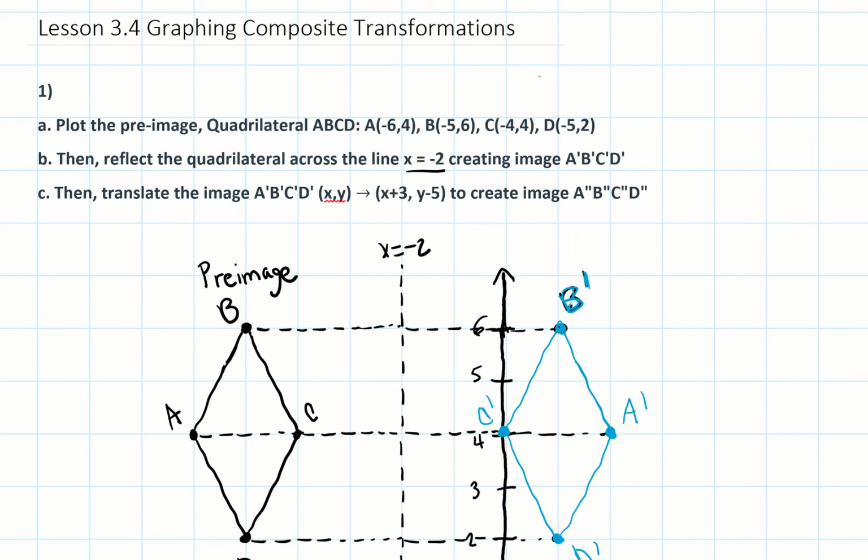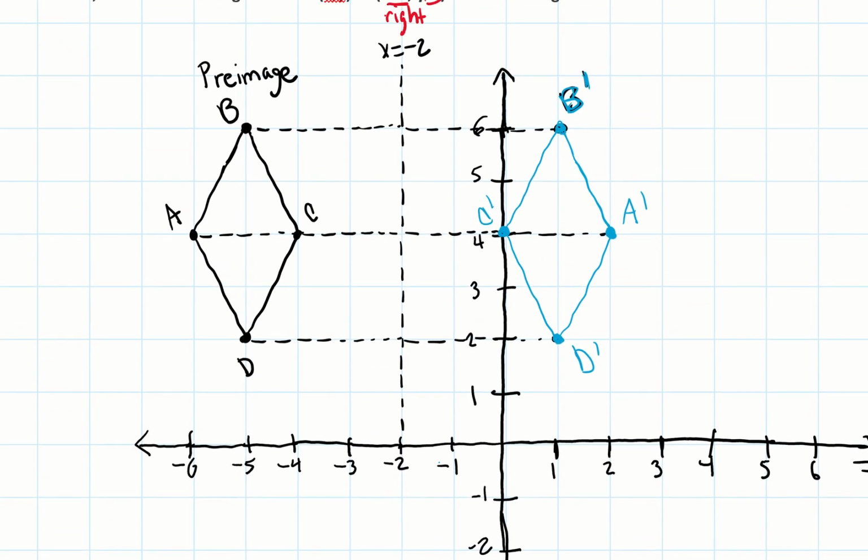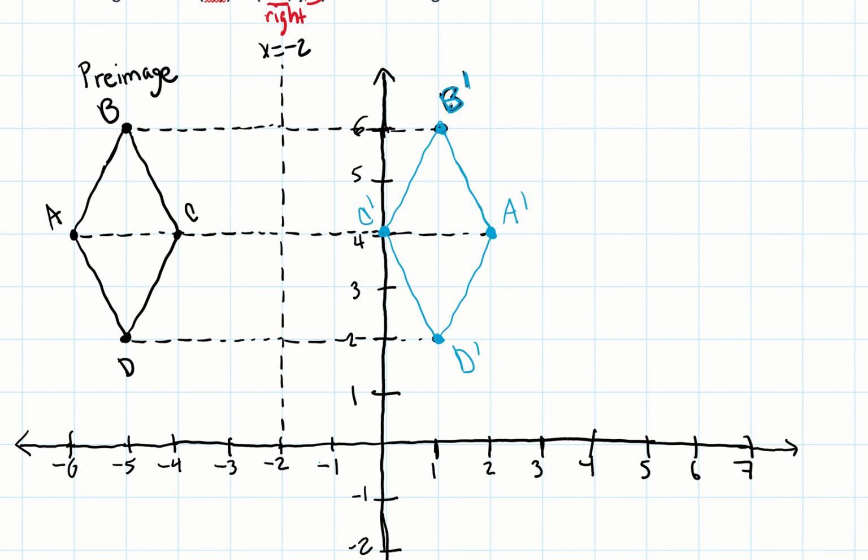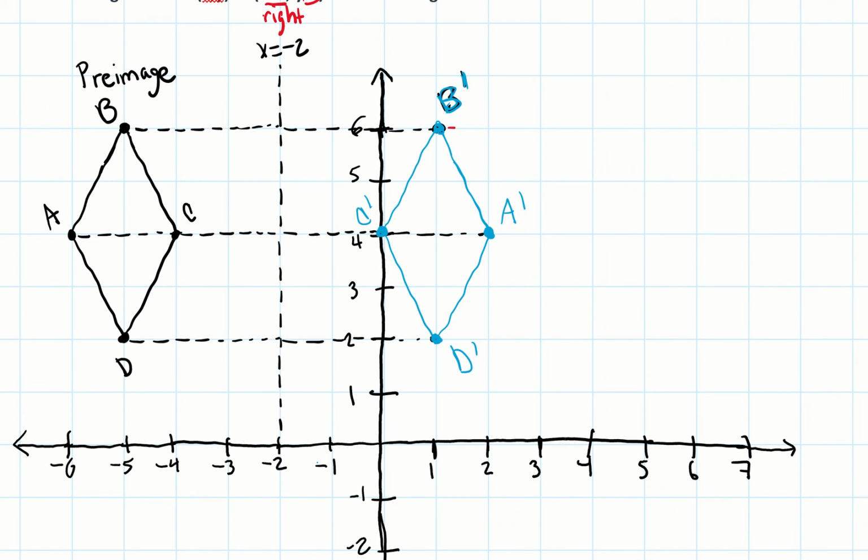So this rule means that you're going to the right 3 and down 5. So right 3, down 5. So we have 1, 2, 3, and then down 5: 1, 2, 3, 4, 5.